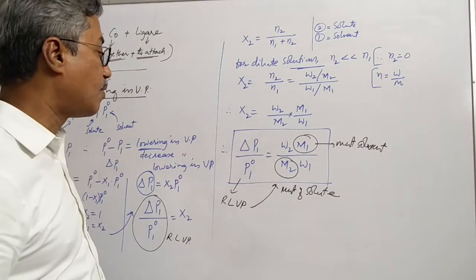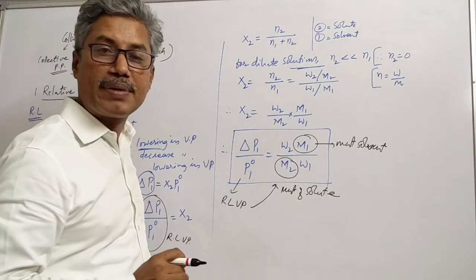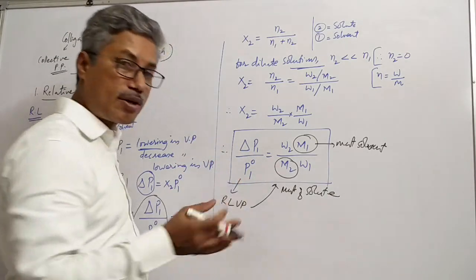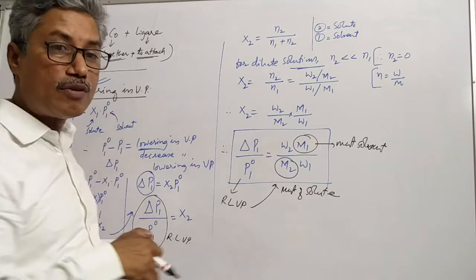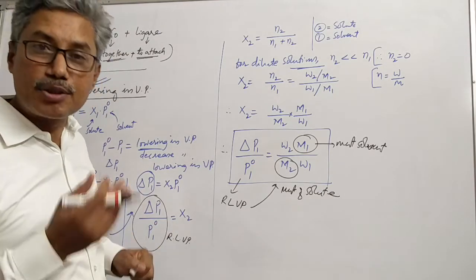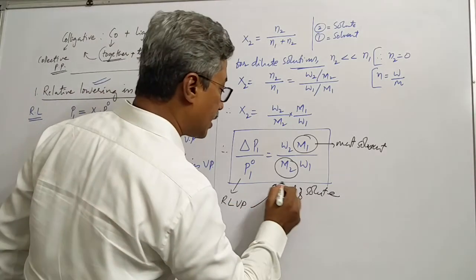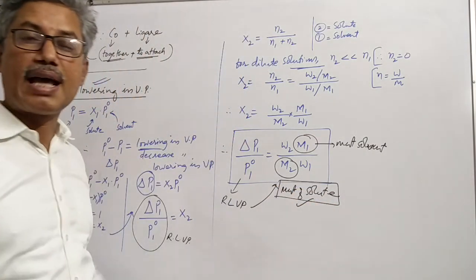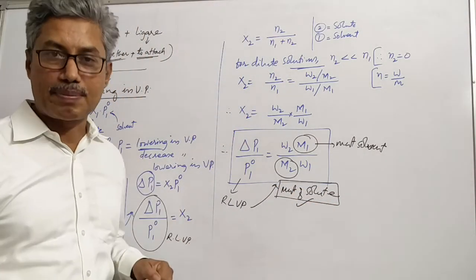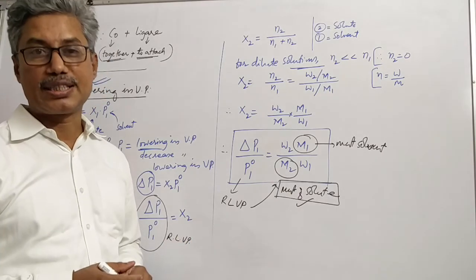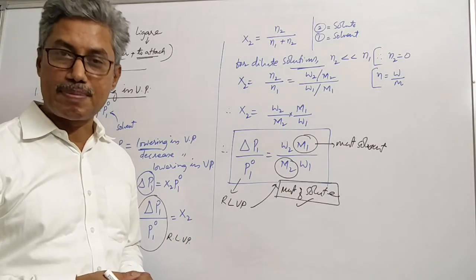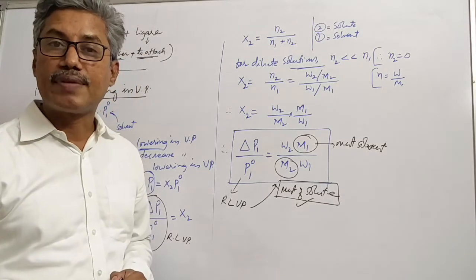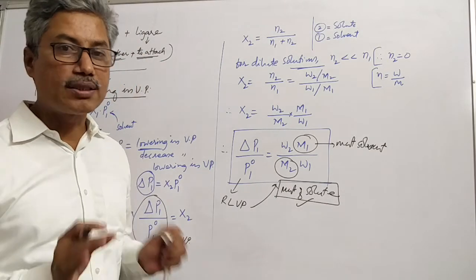But most of the time, this problem is used for the calculation. Not only this problem, this concept of relative lowering in vapor pressure is used for the determination of molecular weight of the added non-volatile solute. One of the most important applications of relative lowering of vapor pressure is to find out the molecular weight of the added non-volatile solute.